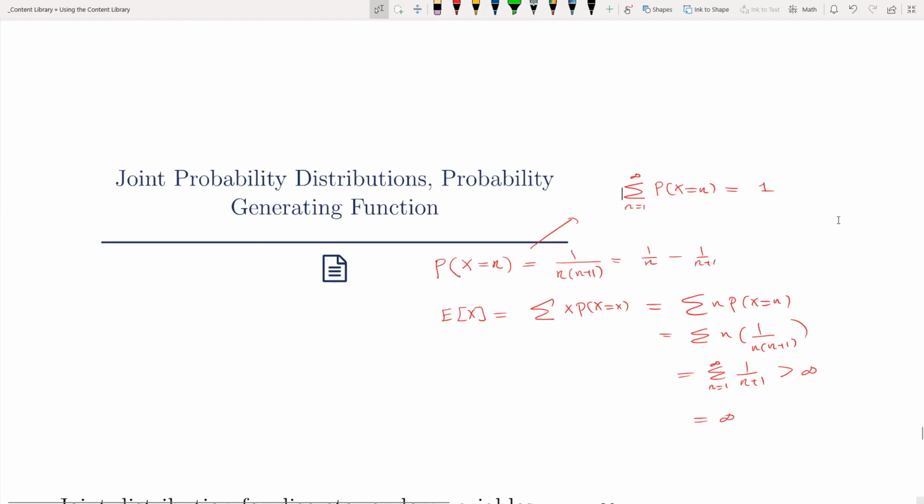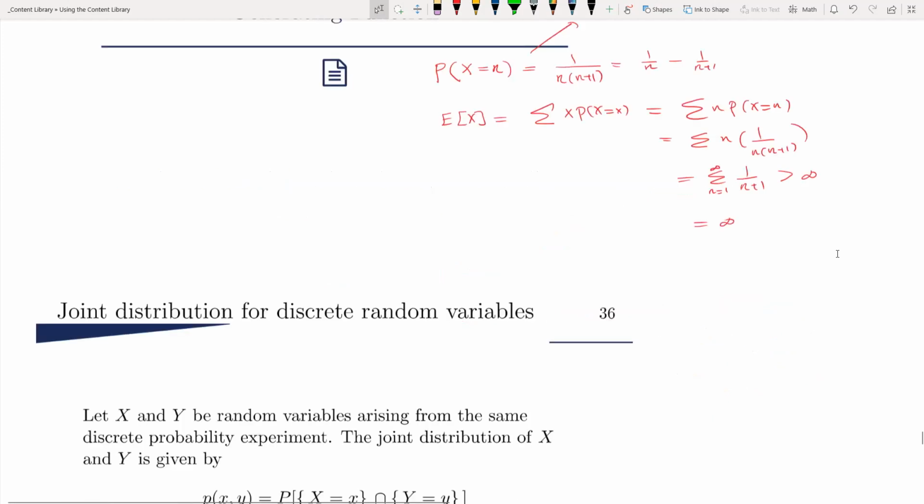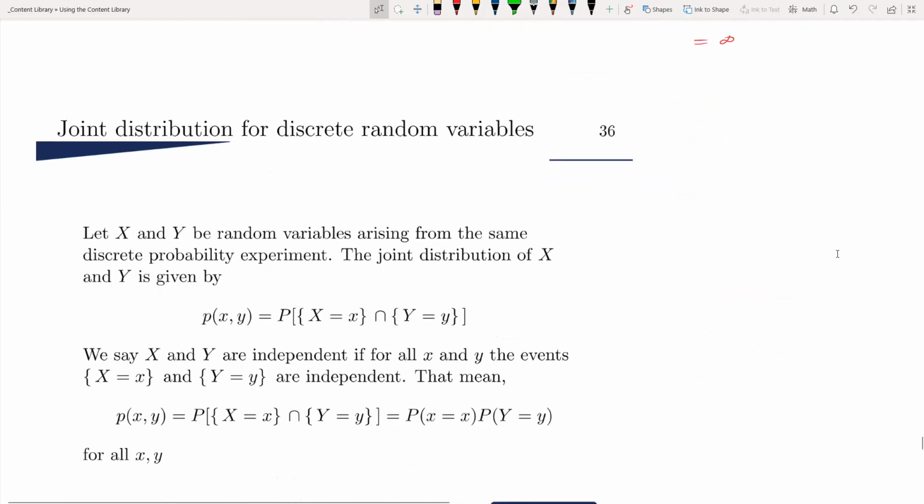Okay, so let's go back to our original discussion, joint probability distributions. You can have two random variables, X and Y, from the same probability experiment. Then you can define the joint distribution of X and Y using this formula: X taking x and Y taking y.